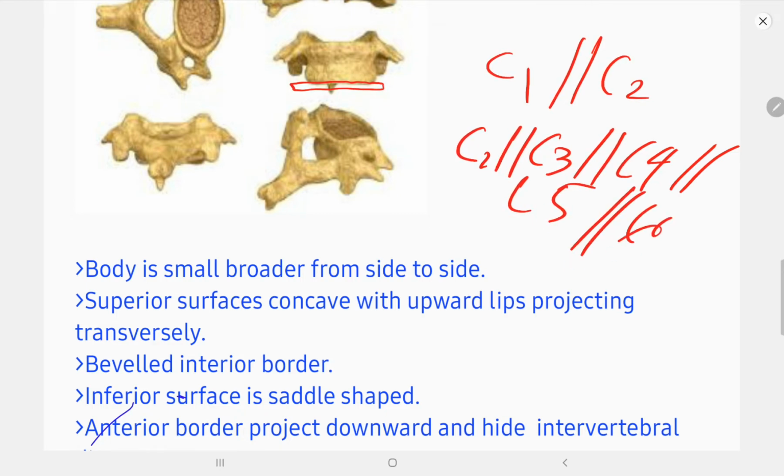That means the inferior surface of the typical cervical vertebra is having the intervertebral disc, and these intervertebral discs are hidden due to the saddle shaped inferior surface. I hope you have understood that.